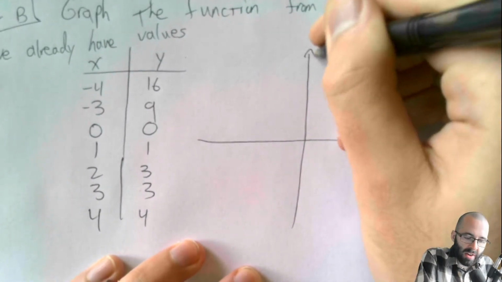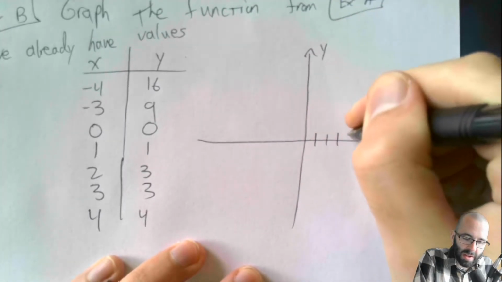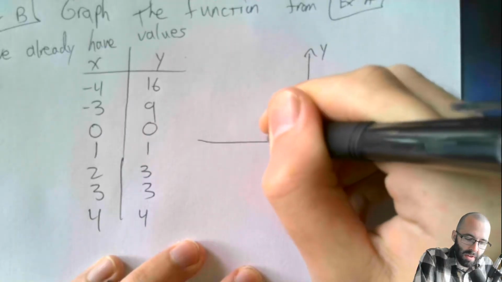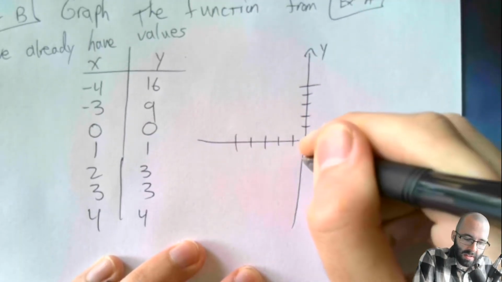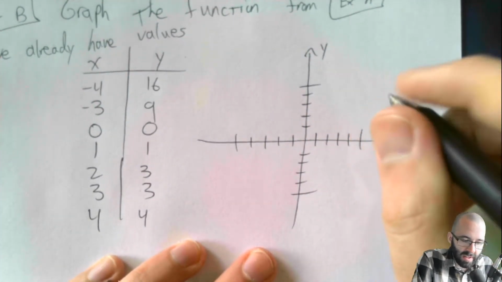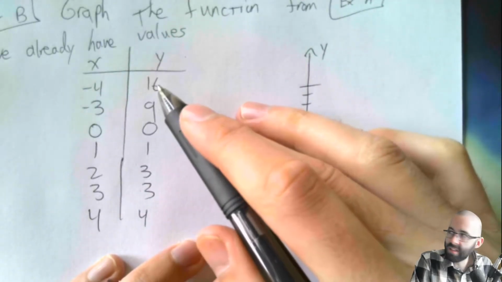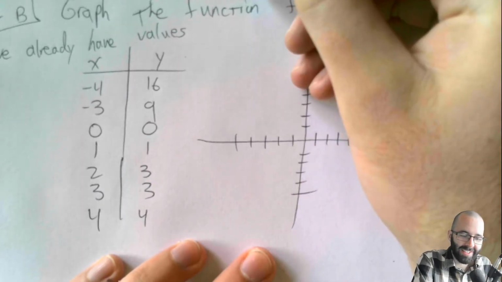So we have our graph here. Again, graphing paper is helpful, but not mandatory. I will not be actually using it for the notes, just to show you what you would do if you didn't have it. I like to make my 5th hash mark a little bit bigger, easier to read. Plot these. Negative 4, 16. Somewhere up here.